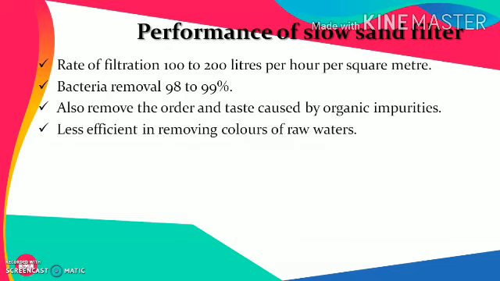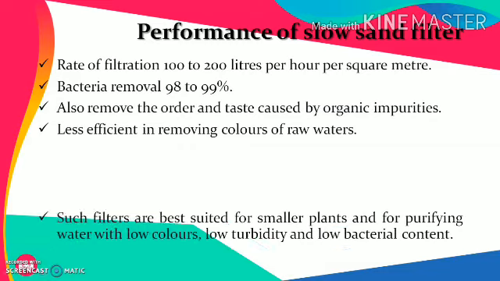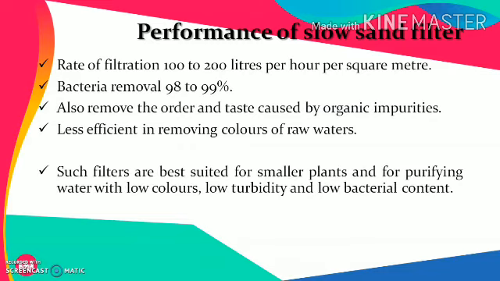It is less efficient in removing color from raw waters. Such filters are best suited for very small plants and for purifying water with low color, low turbidity and low bacterial count. If color is present, it is very difficult to treat with slow sand filters.